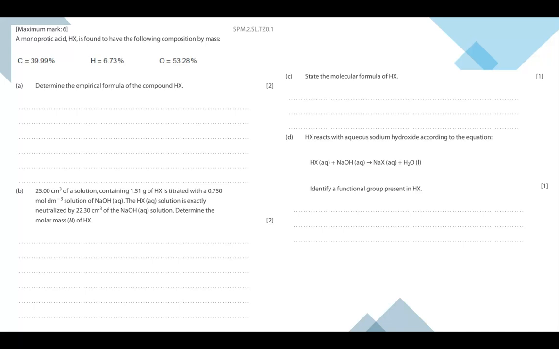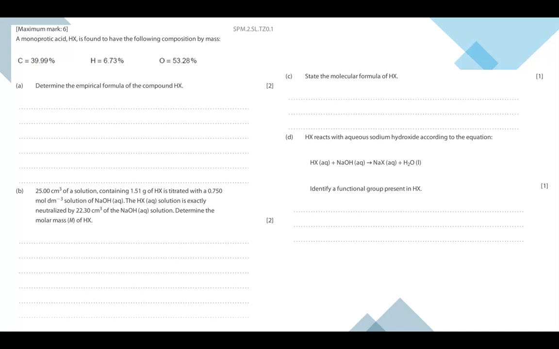Then you're given an amount, 25 centimeters cubed or 25 milliliters, of the solution containing 1.51 grams of our acid, HX, which is titrated with a 0.750 moles per liter solution of sodium hydroxide.